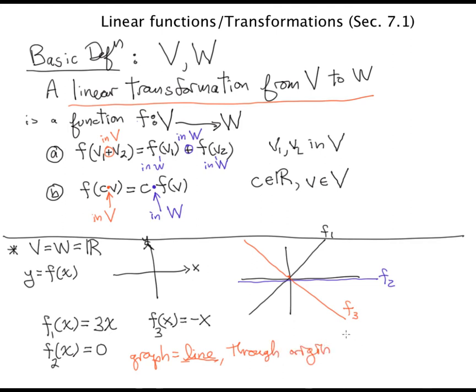And in general, the most general linear function from R to R is f of x is equal to c times x. And so that's a line with arbitrary slope. I guess I'll call this f4. This is the line with any slope going through the origin. Well, let's see.